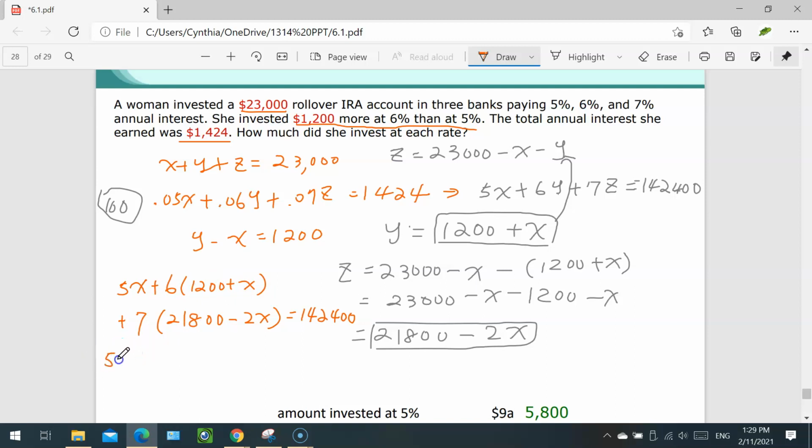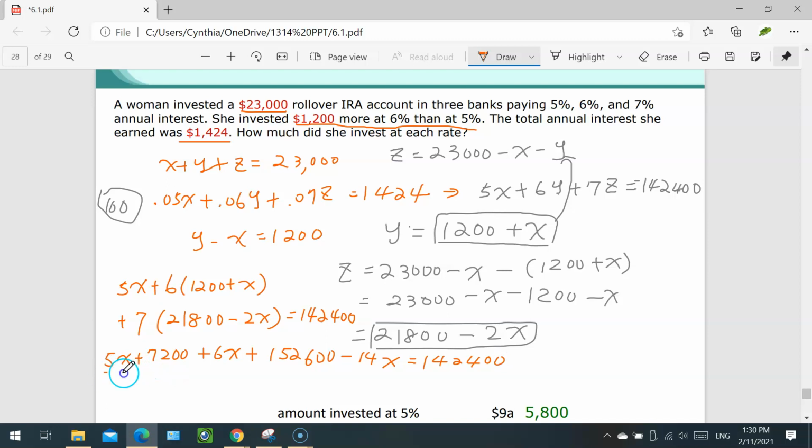Now we have 5x plus 7200 plus 6x. Now move on to 7, multiply 21800, we get 152600 minus 14x equal 142400.